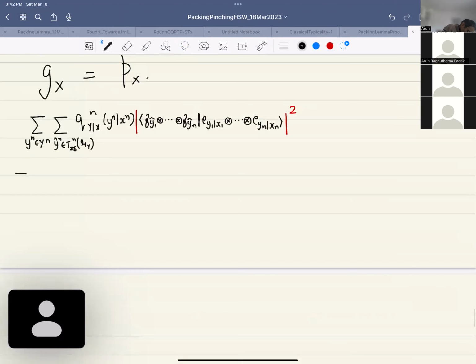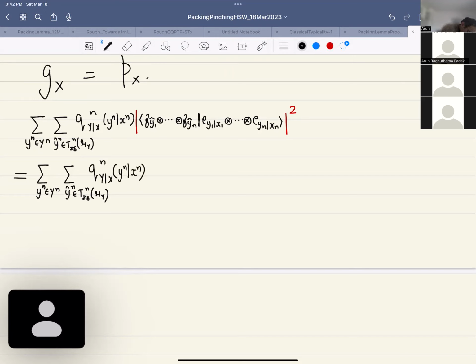I'll just go step by step. Yn belonging to Yn, y hat n belonging to T2 delta n Ry, Qy given x, n of yn given xn.